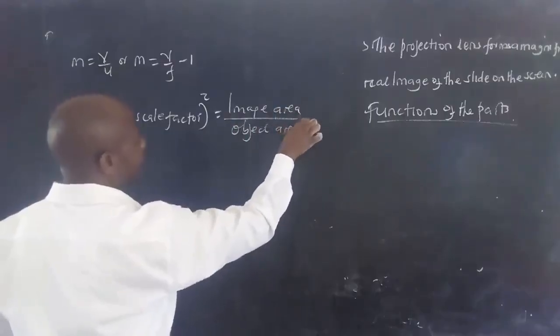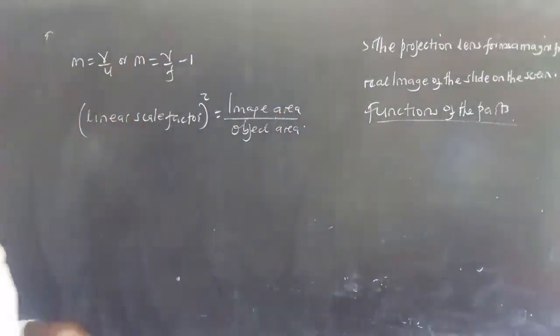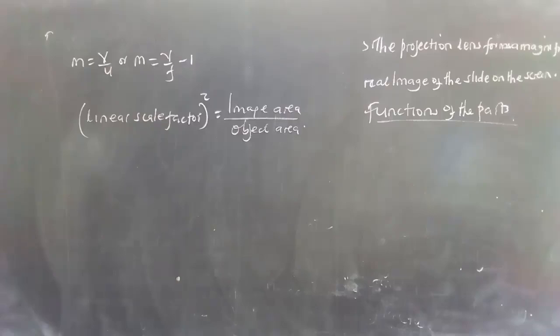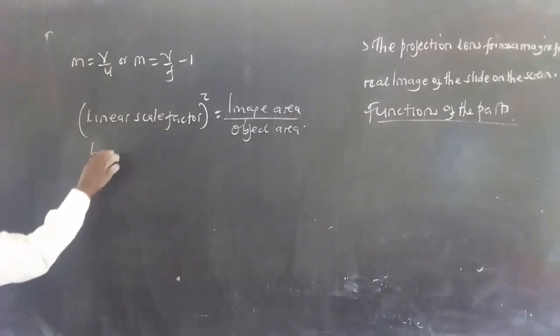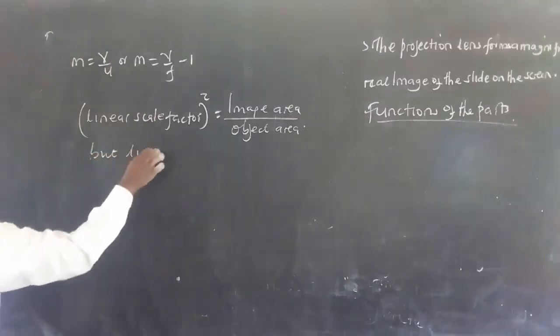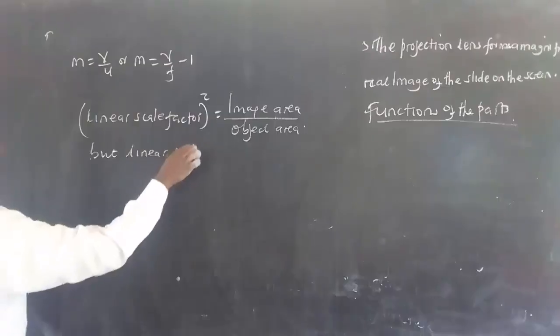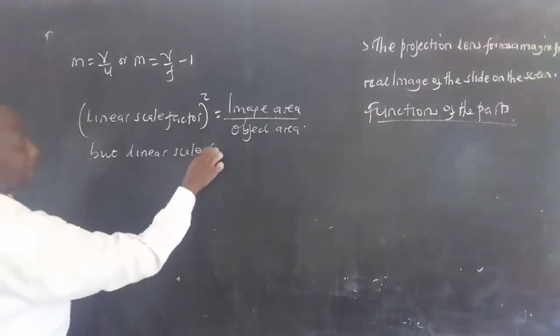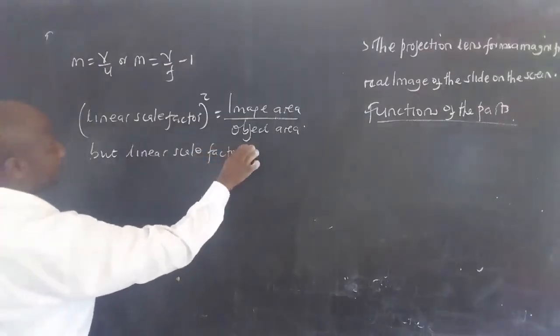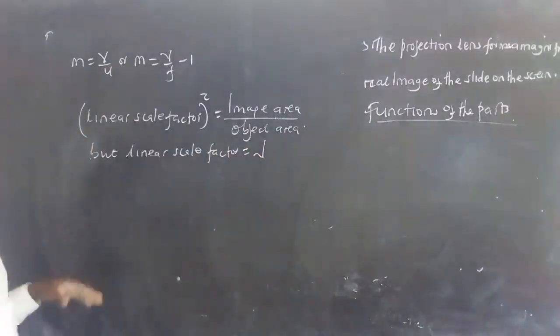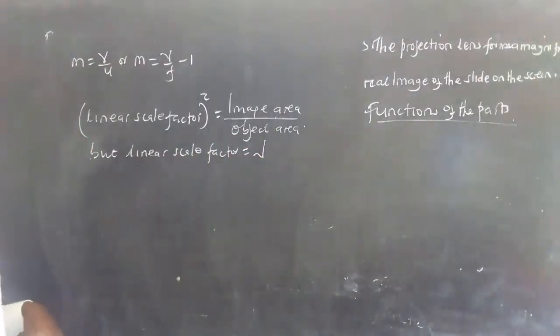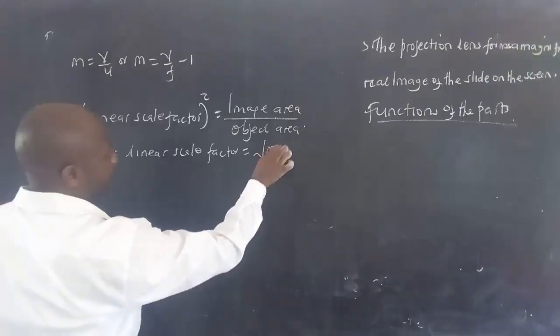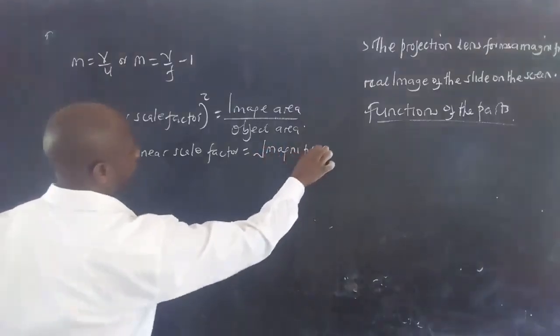The slide is in the form of a rectangle. So we shall now say the linear scale factor is equal to the square root of magnification.